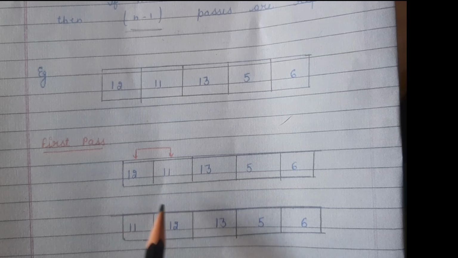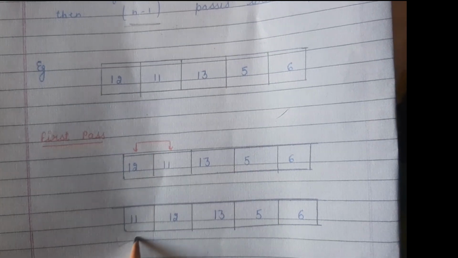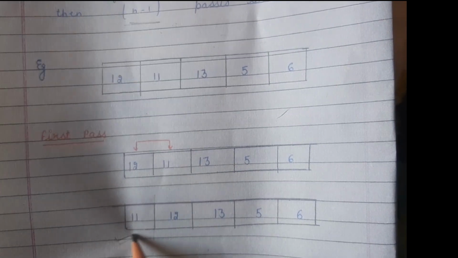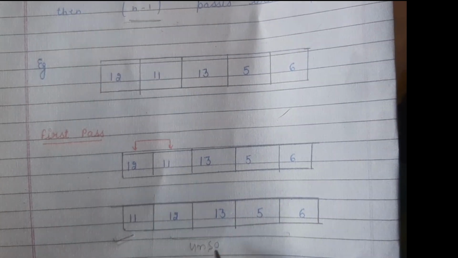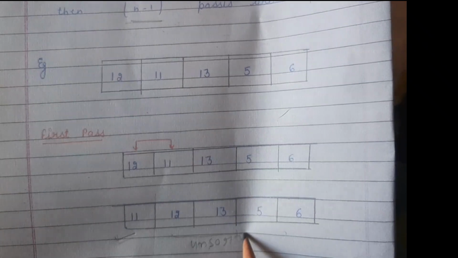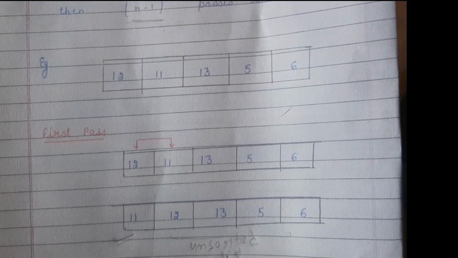That's why 11 and 12 are swapped in the first pass. And after completing the first pass, this 11 is in the sorted list. Now this element is in the sorted list and these elements are in the unsorted list.